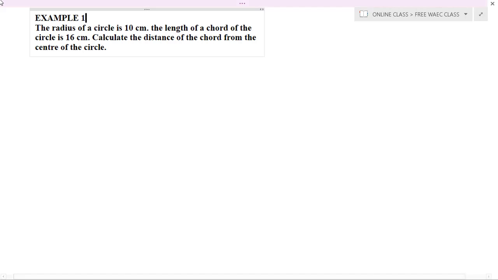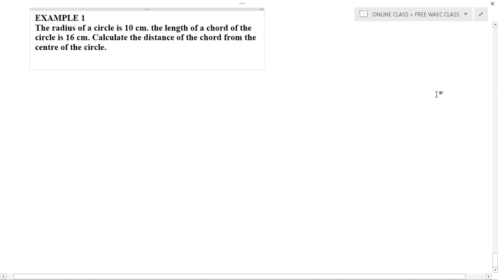So this is example 1. The question says that the radius of a circle is 10 centimeters. The length of a chord of the circle is 16 centimeters. Calculate the distance of the chord from the center of the circle.